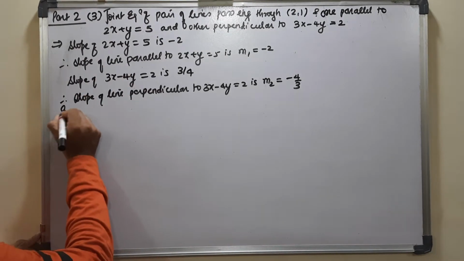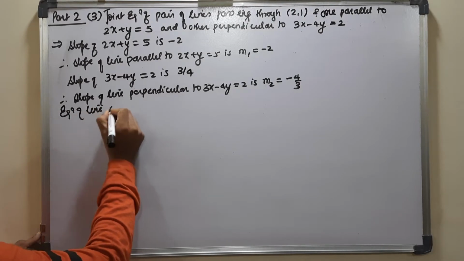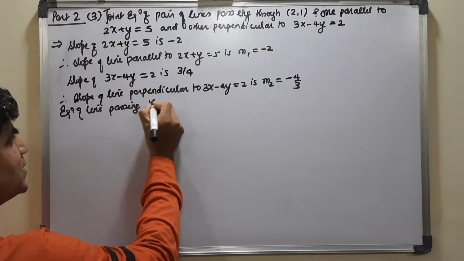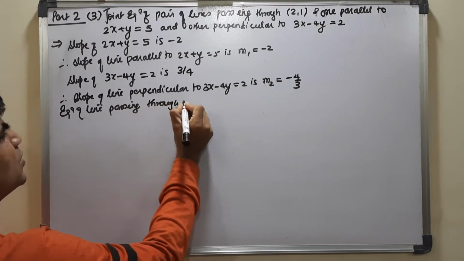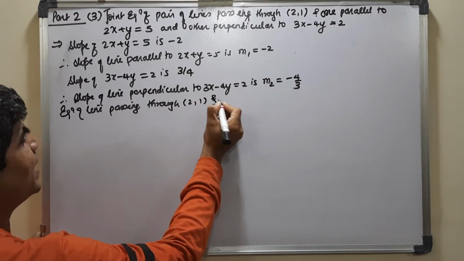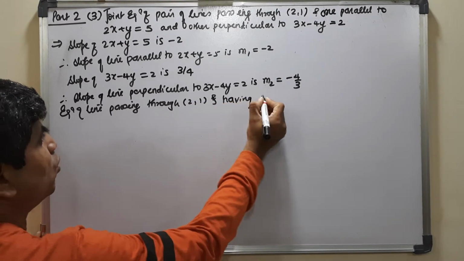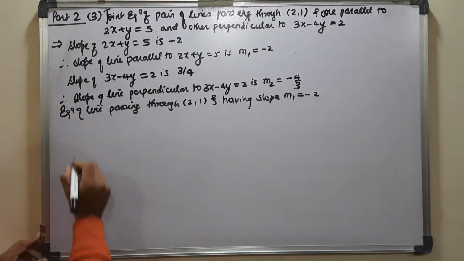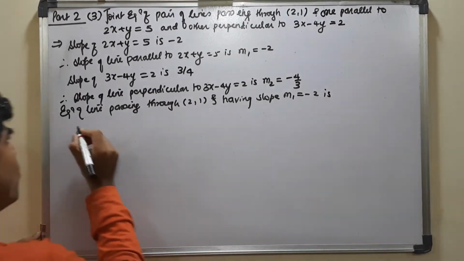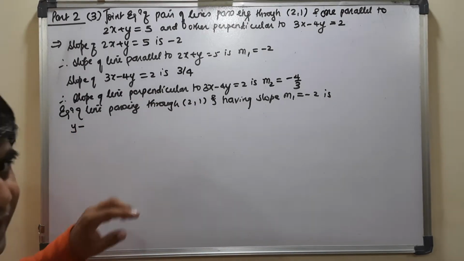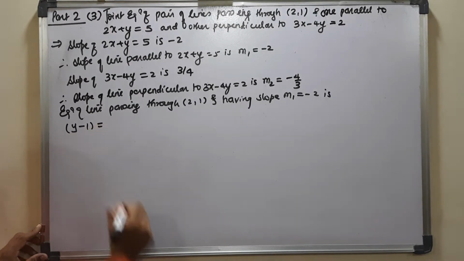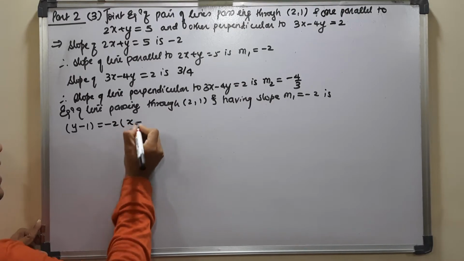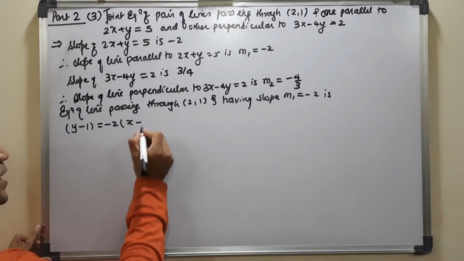So the equation of the line passing through (2, 1) and having slope m1, that is minus 2, is y minus y1, that is y minus 1, equal to m1, that is minus 2, into x minus x1, that is x minus 2.